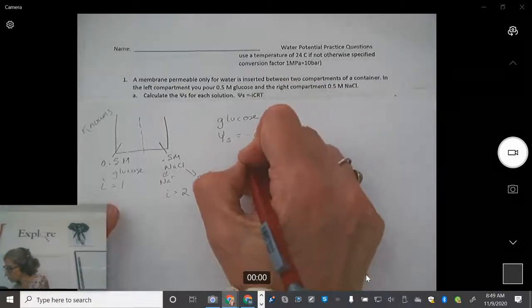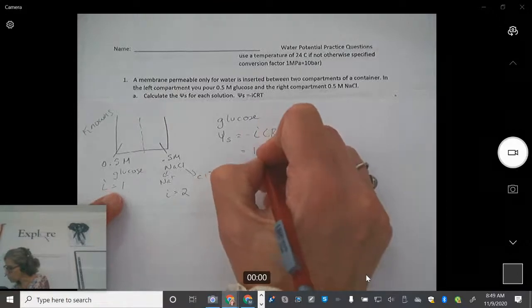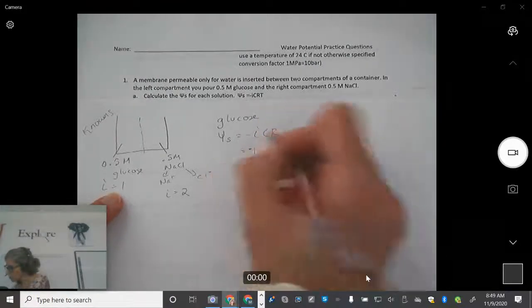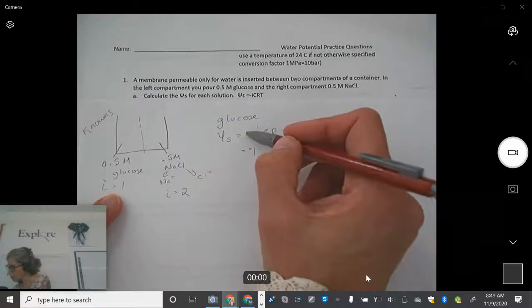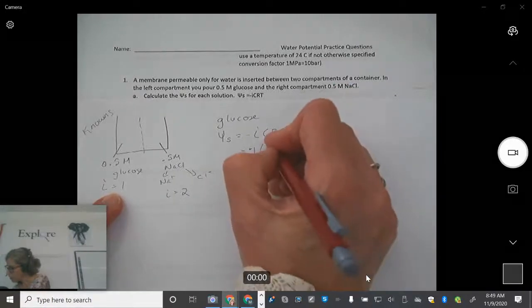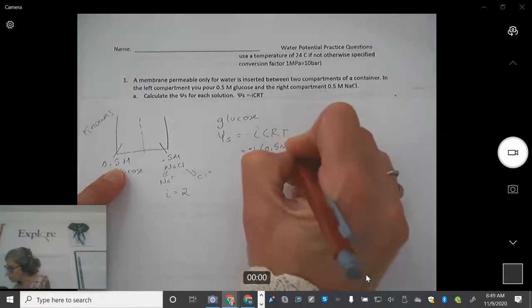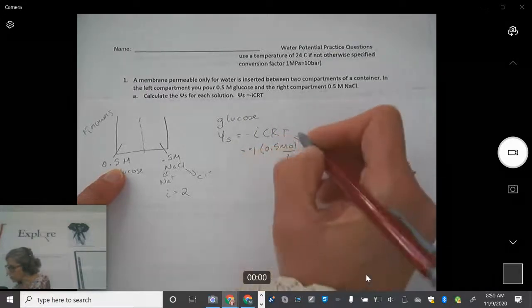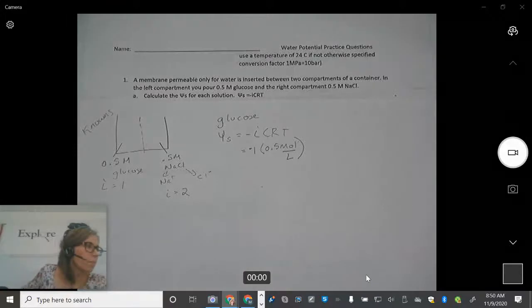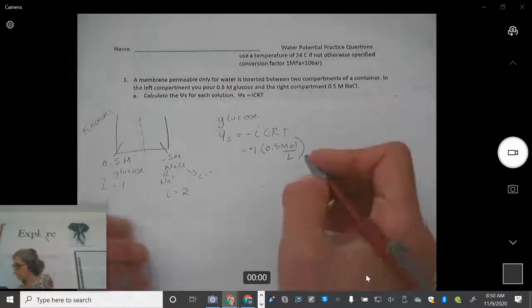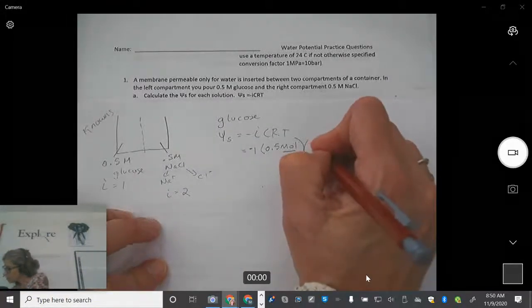So for sugar, it's going to be 1 for the ionization constant. Don't forget your negative sign in front. And then the molarity is 0.5 molar. And molar is really moles per liter, which you're going to need when you cross out your units. C is that.